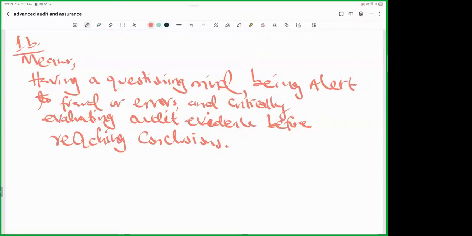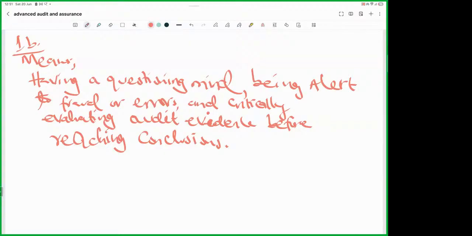When you keep on asking like that, when you have that kind of question in mind, then you are professionally skeptical. And that is why it's not everybody who can become an auditor. An auditor is supposed to be somebody who behaves like the FBI or the DCI in Kenya. There are people who are naturally born like that.